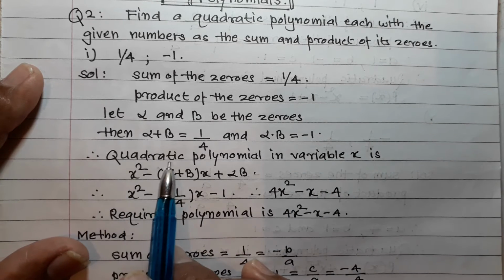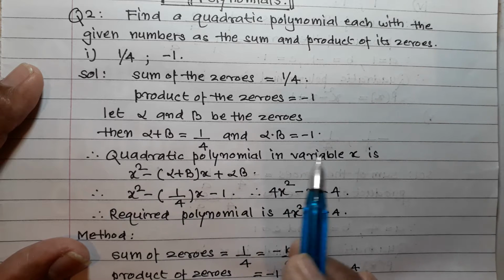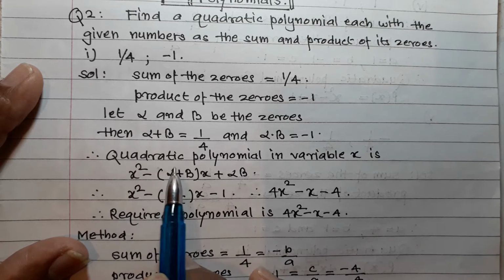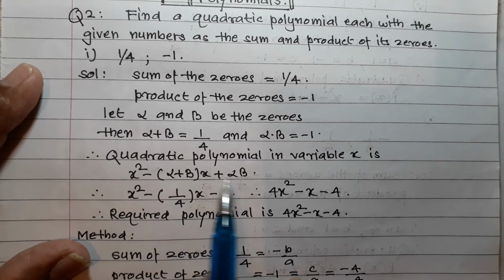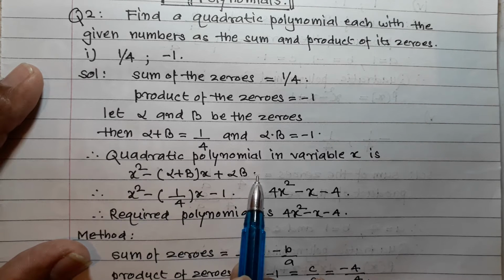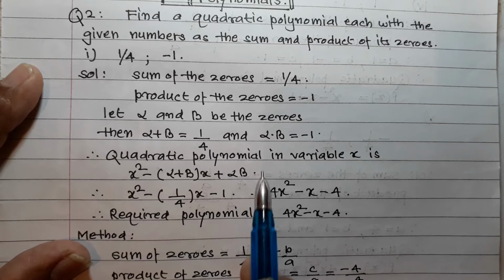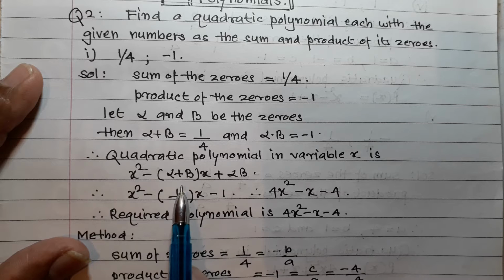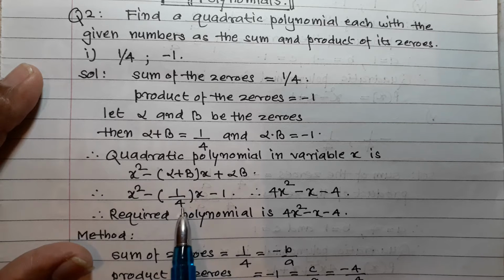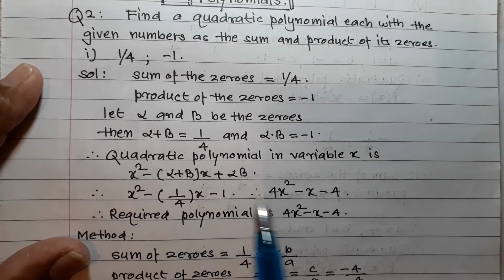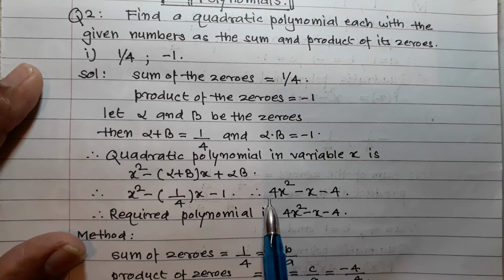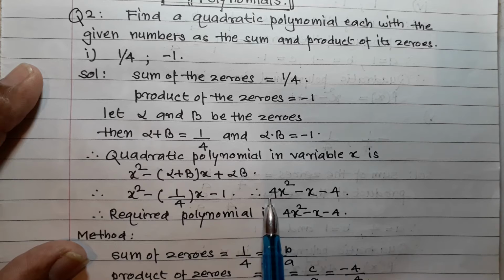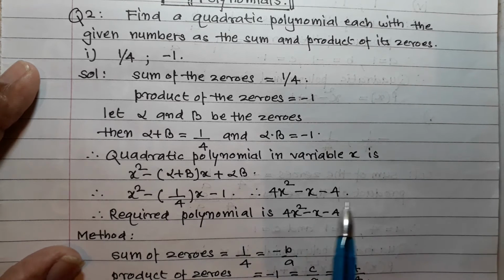And therefore the quadratic polynomial in variable x is x square minus (alpha plus beta) x plus alpha into beta. So x square minus (1 upon 4) x minus 1, and therefore 4x square minus x minus 4 is the required polynomial.